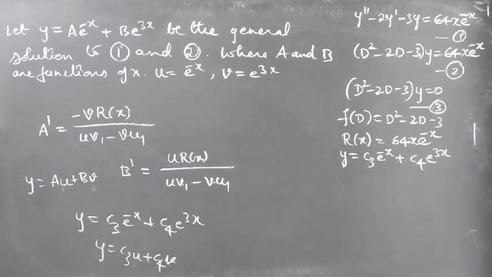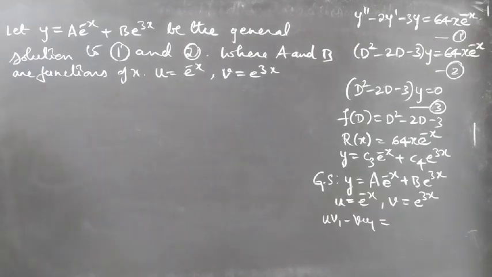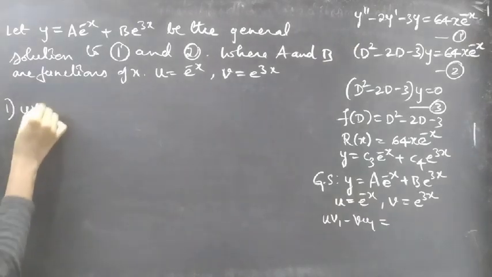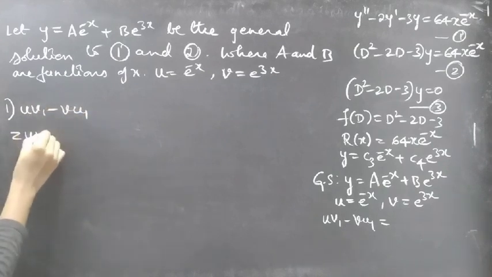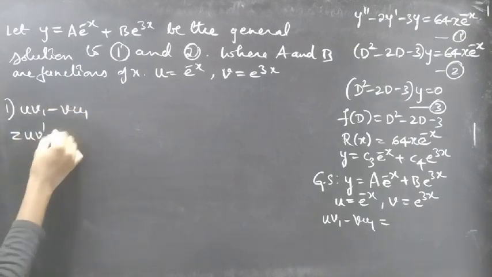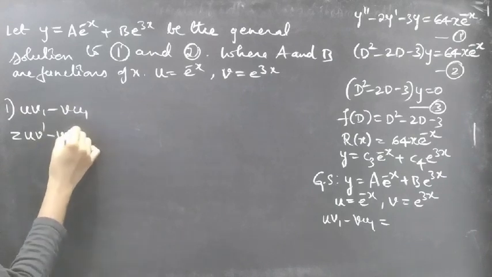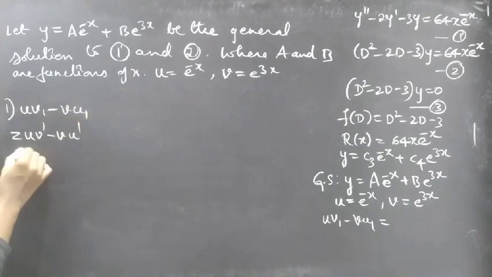Now coming to u v1 minus u1 v. v1 is nothing but v dash, or derivative of v, and u1 is nothing but u dash, or derivative of u.